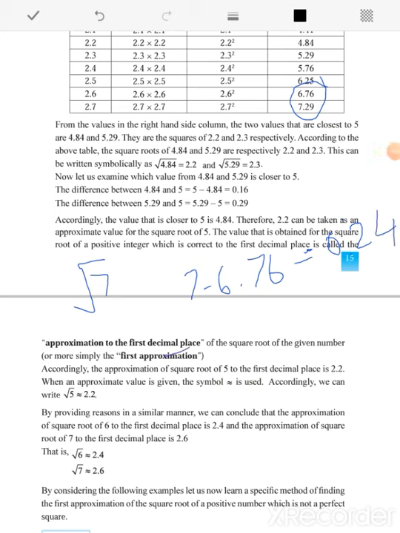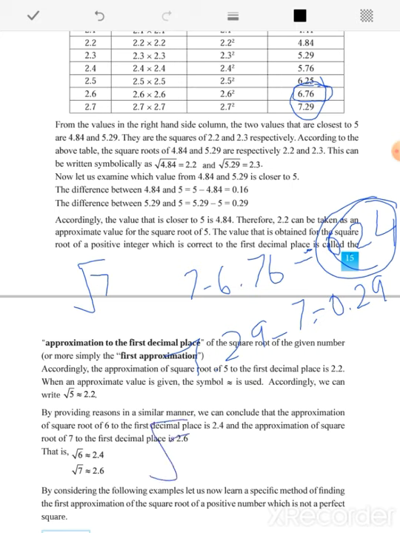The difference between 7.29 and 7 is equal to 0.29. So this number is closer. This is the smallest one, so this is closer to 7. So the approximation to the first decimal place of square root of 7 is 2.6. Yeah. So hope this one is clear to you.